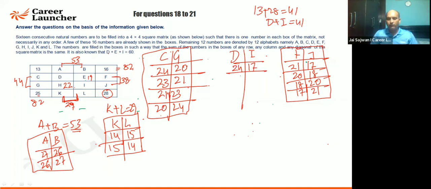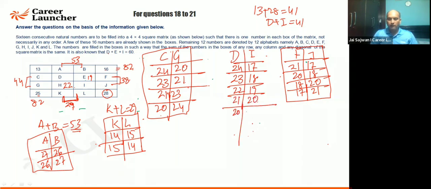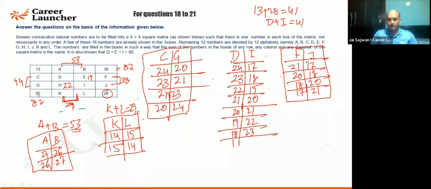So plus 7, 24, 17, 23, 18, 22, 19, 21, 20. These are the values that I can take. And reverse also you can do it. These are the values that we can take here. So DI are these values you can surely take here.